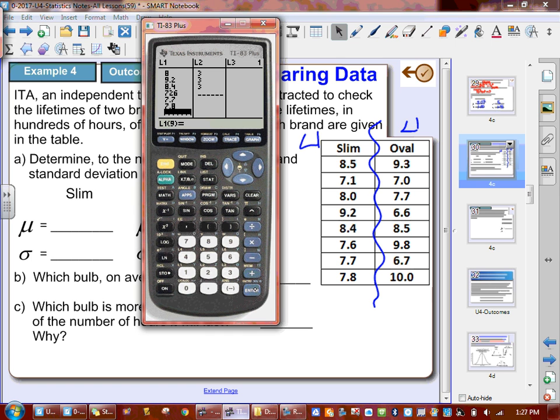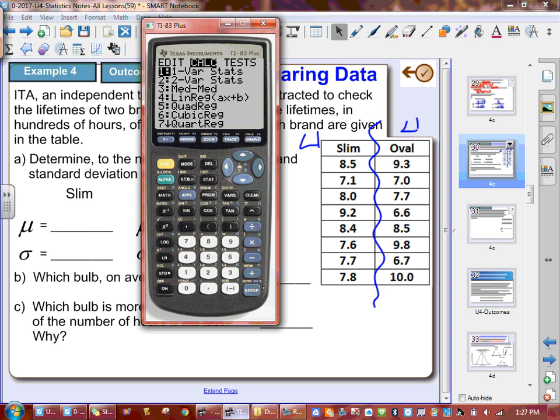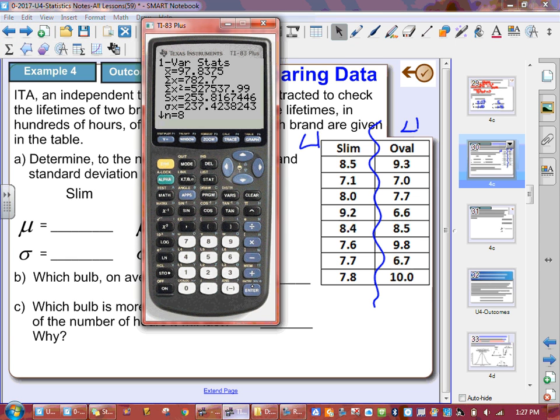Once you've got your numbers in, again, all we're doing is stat, calc, one variable stat, enter. Okay, that's giving us all the information we need. Did I really? Well, let's see.